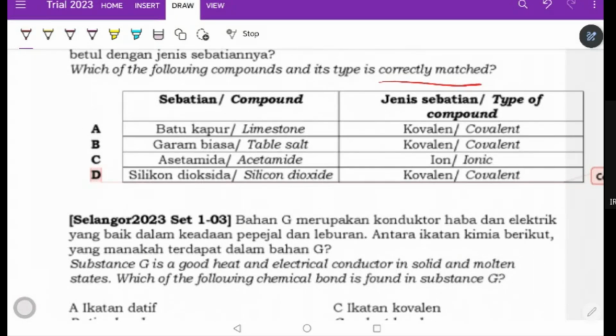Calcium carbonate. Okay. So what type of compound is it? It is under ionic, no? So not covalent. Okay, table salt. What is table salt?